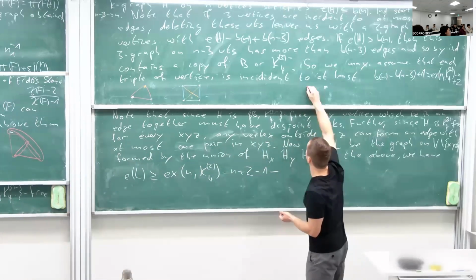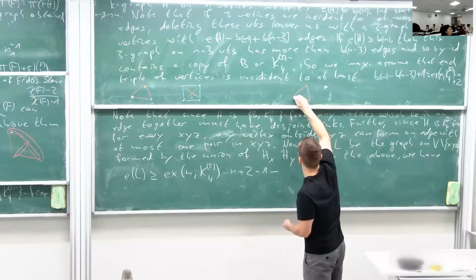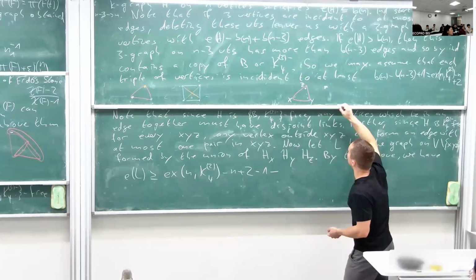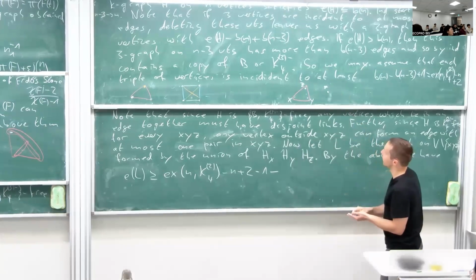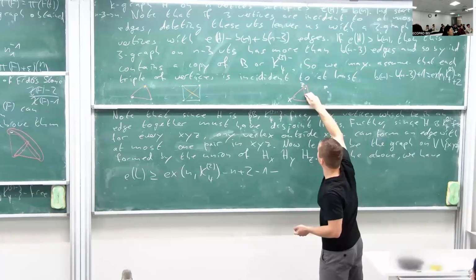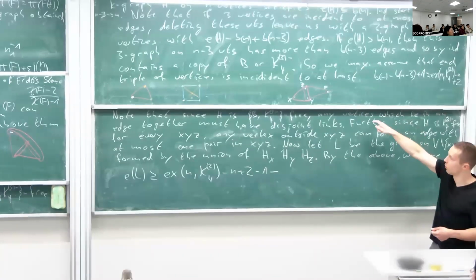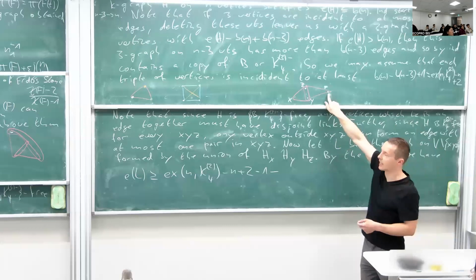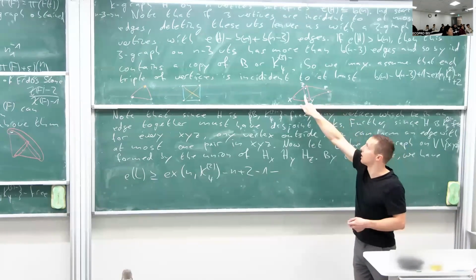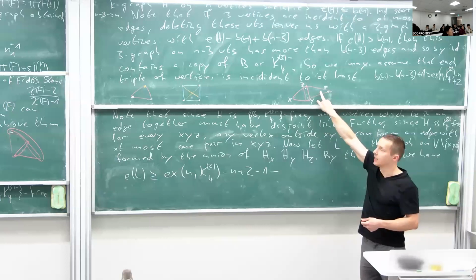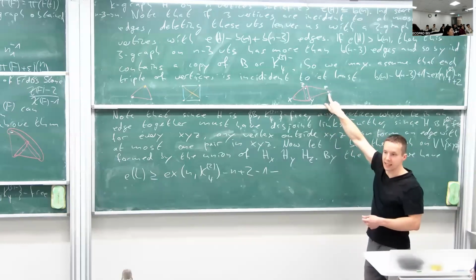So again, if we have X, Y, Z, what I said is that we don't count these sort of edges. But these were exactly the edges that we argued before, that every vertex outside can be neighbored to at most one of the pairs. So the number of these edges is at most the number of vertices outside.